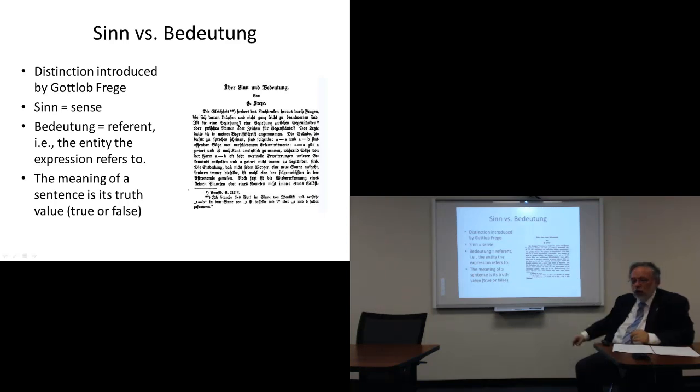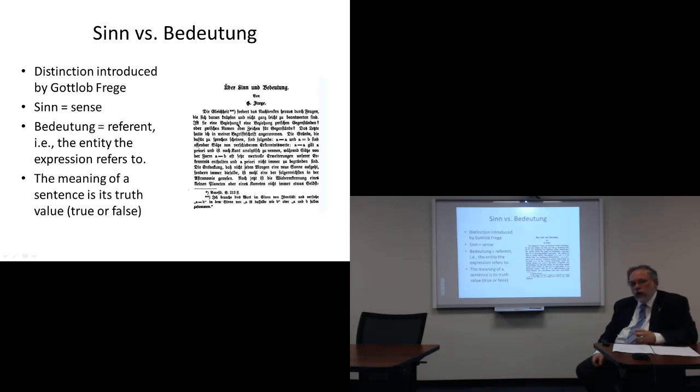And there you have a picture of the first page of the famous article that introduced that. If you can read German, go ahead. So this is basically the distinction that we just outlined a second ago. That is, the sense is the mental representation, in a sense, and the referent is the thing out there. The Bedeutung is the referent, the thing out there.